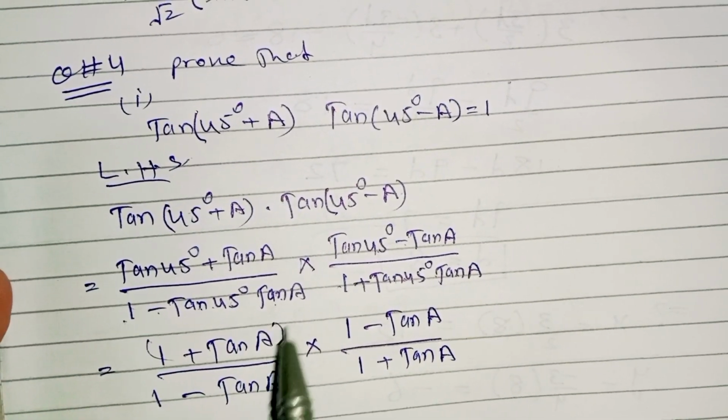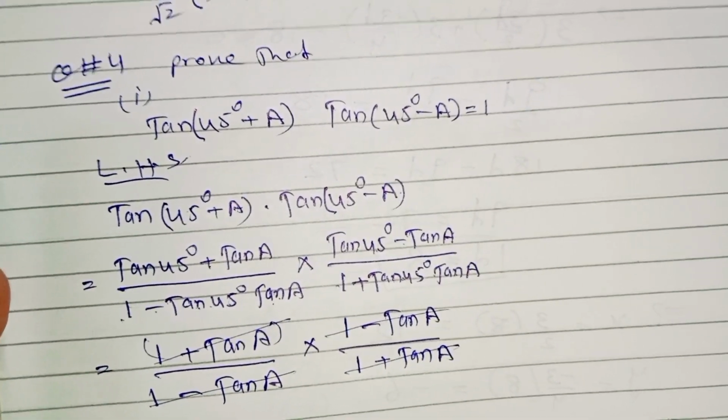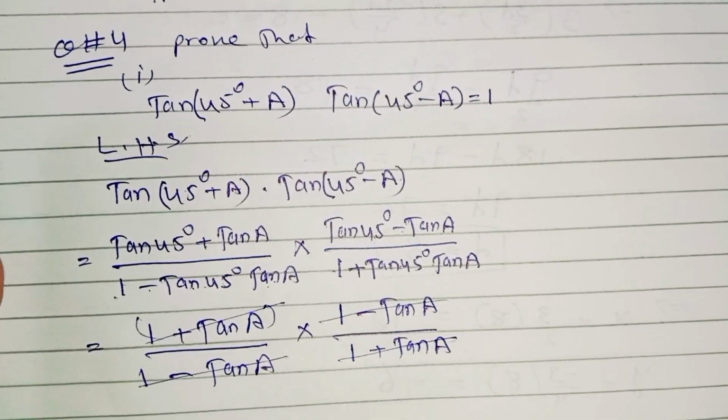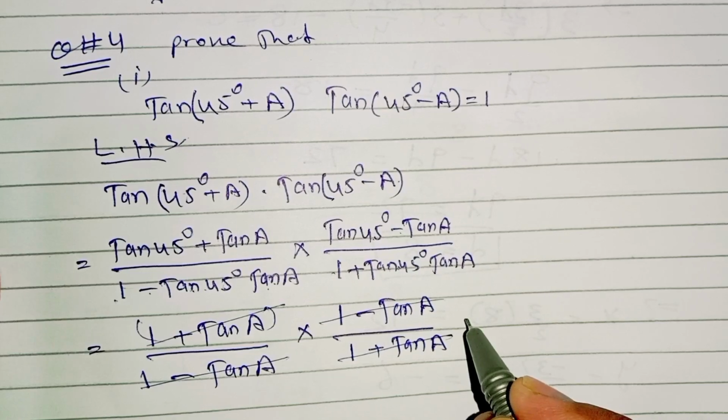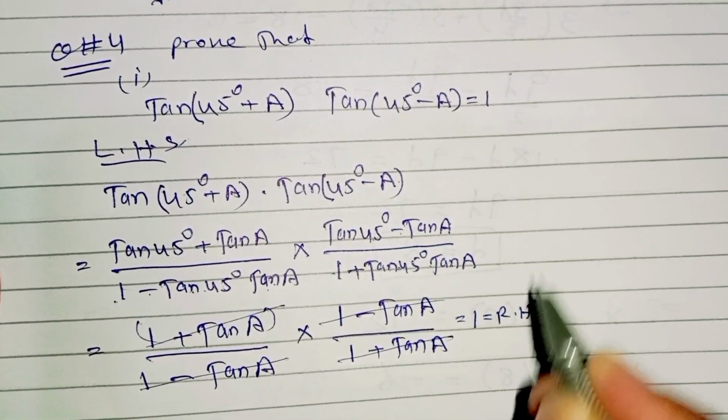So 1 plus tan A cancels out by 1 plus tan A, and 1 minus tan A cancels out by 1 minus tan A in the numerator. So we have 1 as required on right hand side.